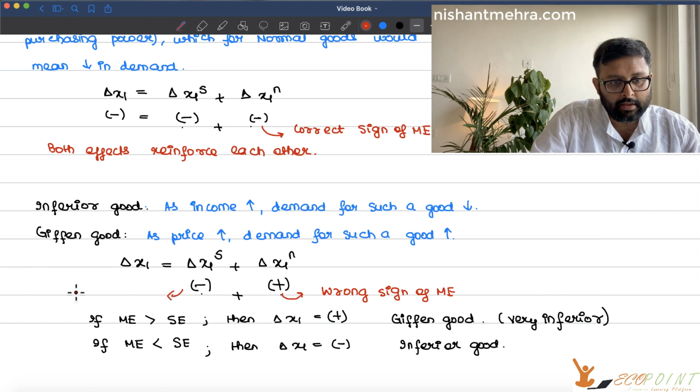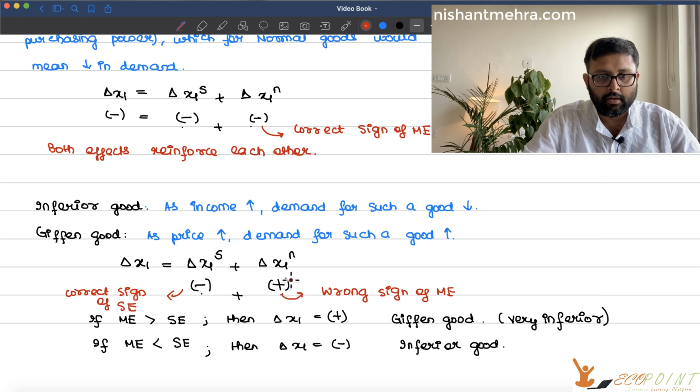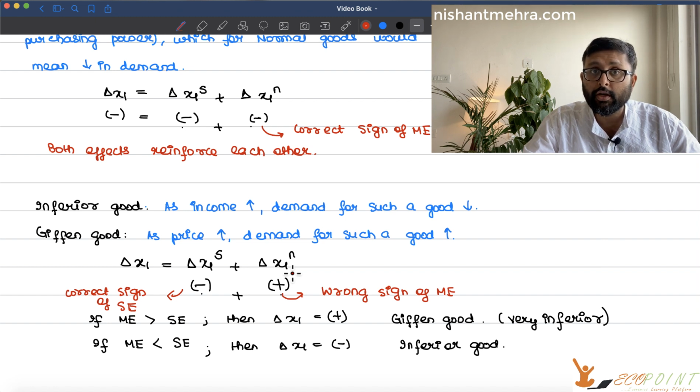This is the correct sign of the substitution effect. Beta, so the income effect says what? The price of the good has increased, purchasing power has fallen. If purchasing power has fallen, and the good is an inferior good, meaning income has decreased, your demand for such a good has to increase. That is what the income effect means, it is positive out here, right?